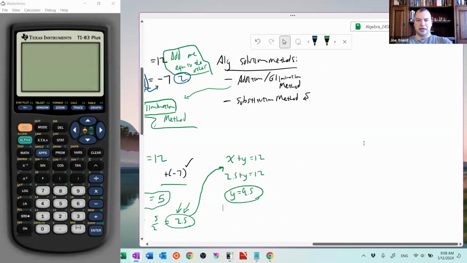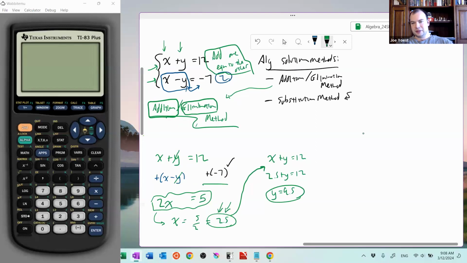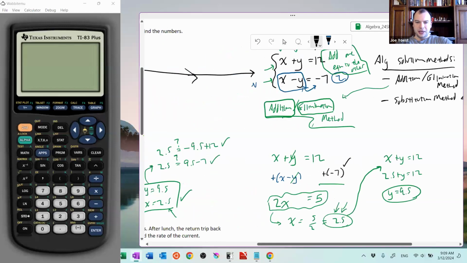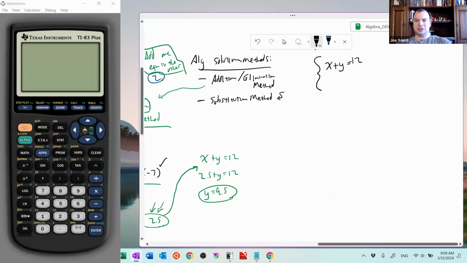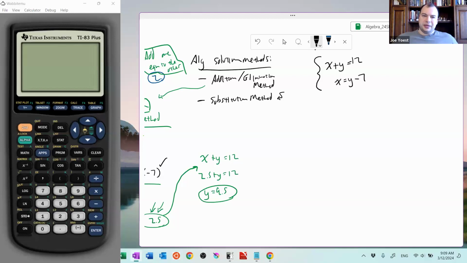So a second algebraic solution method, let's just copy this over here. In this case, I'm going to leave my second equation in this original form, x equals y minus 7. So my second algebraic solution method, the substitution method, is going to look kind of familiar.